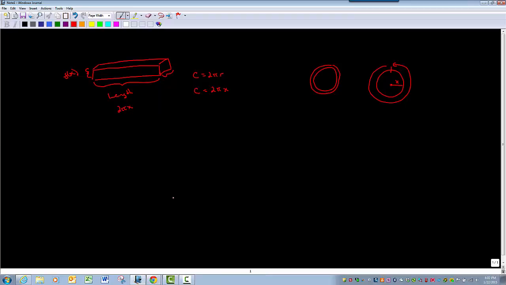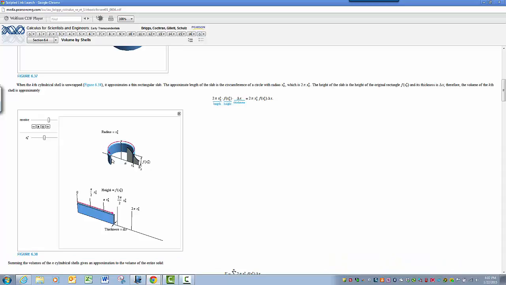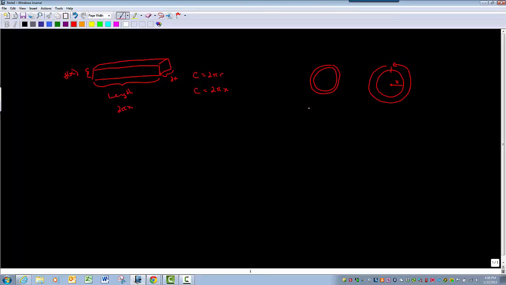Okay, so this will be dx because it'll be infinitely small as far as the width is concerned. So what do we have? Well, in general, the volume of this cylinder coming around, if I take a look at this volume right here, this total volume will be equal to the base times the length times the height.